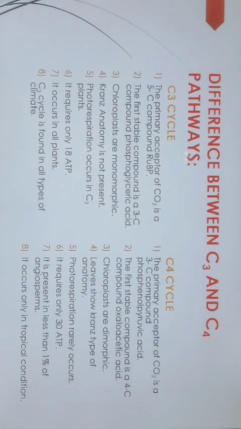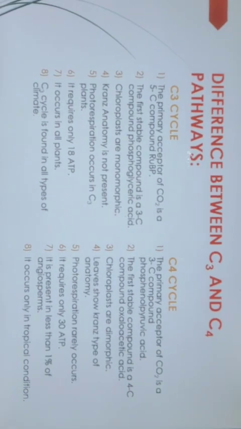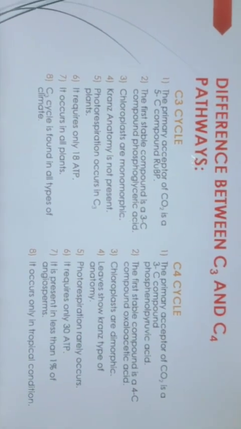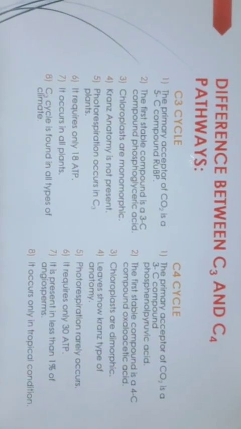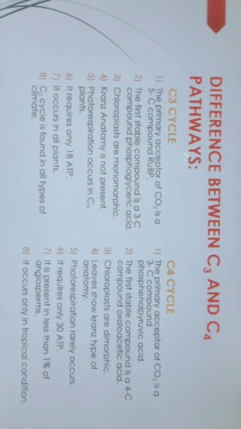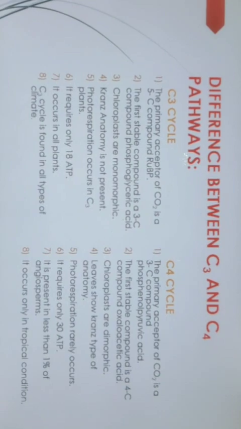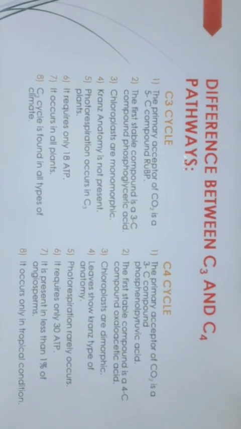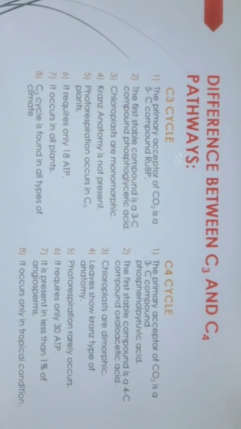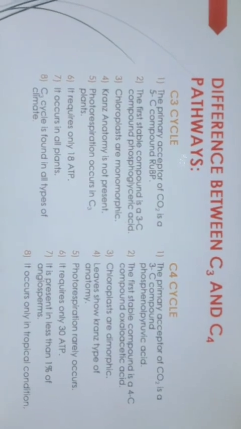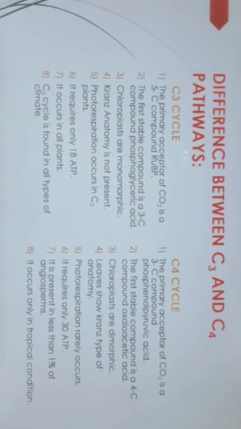Now the C3 cycle, the first point which you should remember always, is the primary acceptor of carbon dioxide. That means the carbon dioxide is first received by a 5-carbon compound, that is RuBP.